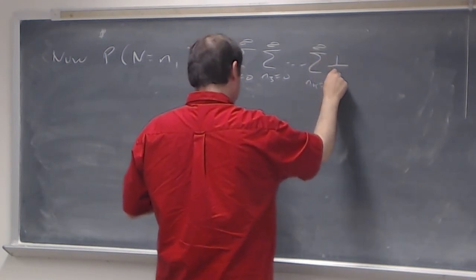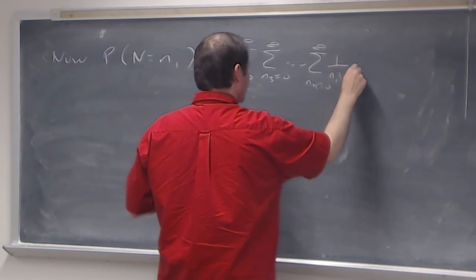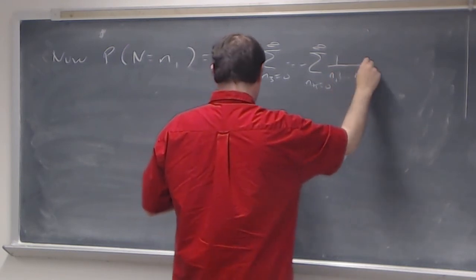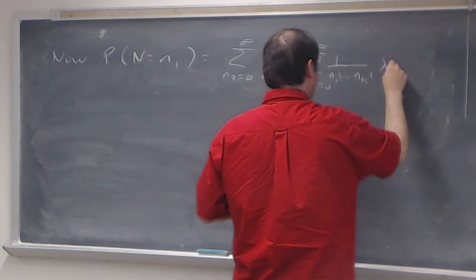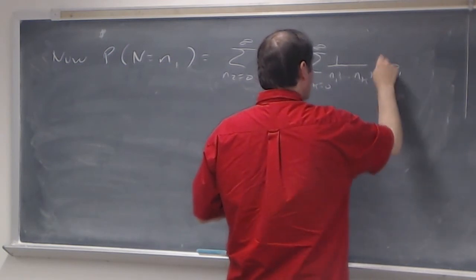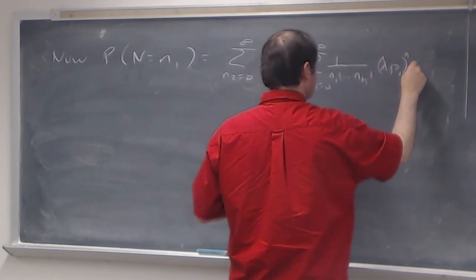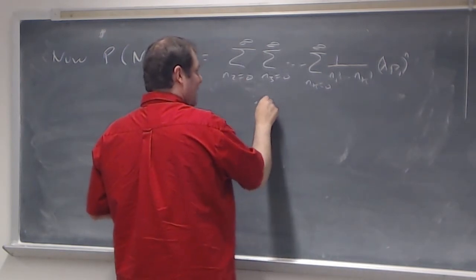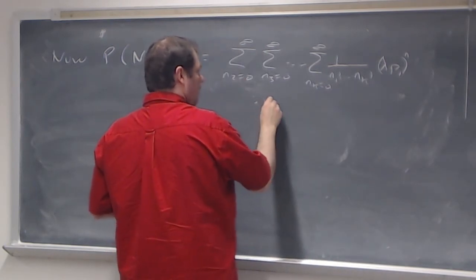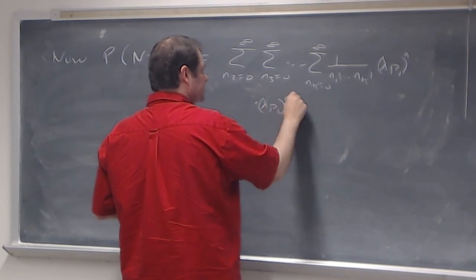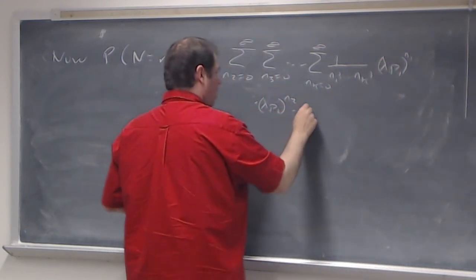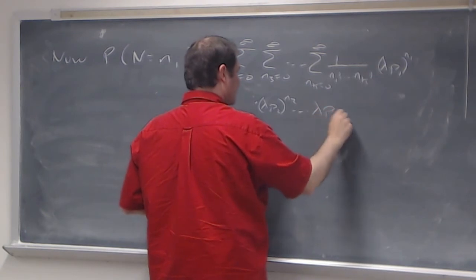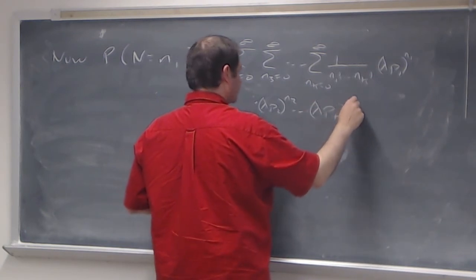The 1 over n sub 1 factorial all the way up to n sub k factorial. Again, we're going to have the lambda p sub 1 to the n sub 1. I've run out of room. Let me put it down here. Times lambda p sub 2 to the n sub 2, all the way up to lambda p sub k to the n sub k.